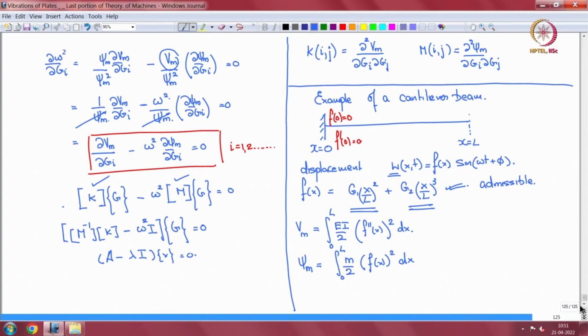So omega square goes away and you end up with the function, because w is f of x, w dot is omega times f of x.